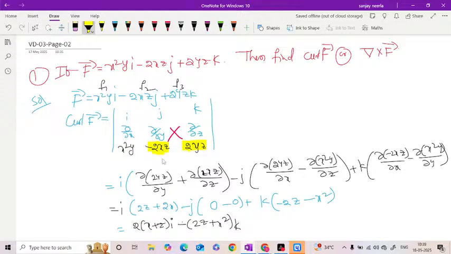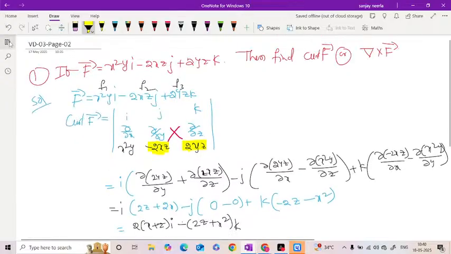So this is the first part. Similarly, minus j into, the derivative of this part is 0 and the derivative of this part with respect to z is 0. Next, k into, differentiating with respect to x gives minus 2z, and differentiating with respect to y gives minus x square. So the final result is 2 into (x plus z) i minus (2z plus x square) k, which is the curl of the given vector f.